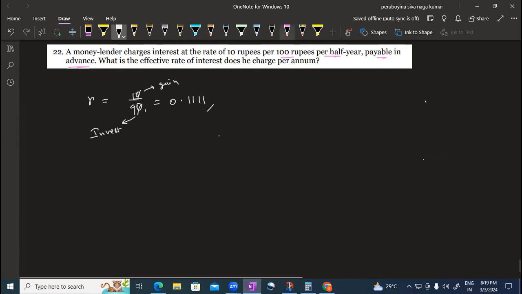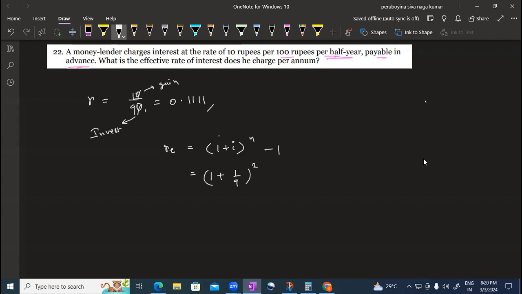It is a half-yearly transaction. So the effective rate of interest, RE, is equal to (1 plus i) whole power n minus 1. So 1 plus 1 by 9, whole power n.